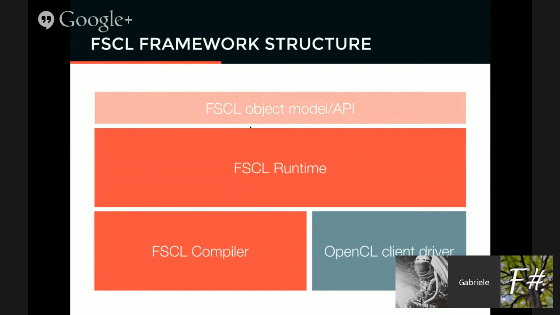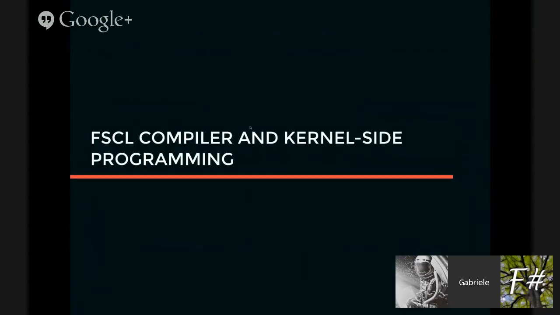So the final translation will be done later by the runtime. So the runtime takes the OpenCL source code, detects the best device where to execute, does the backend compilation, producing the binary that is acceptable, executes the computation and returns the result to the user. Everything is transparent to the user, and we will see that in a moment. So just try to see how this works.